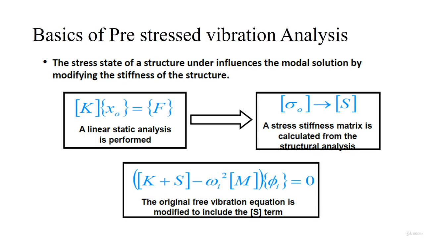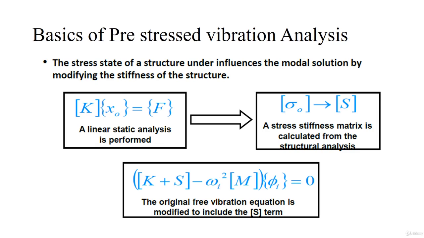Then coming to the equations, the basic equation as I've told you before is Ku = F, or say Kx = F, where K is the stiffness matrix, F is the force matrix, and u is the displacement matrix. From performing a static structural analysis, we are going to get a stress stiffness matrix.